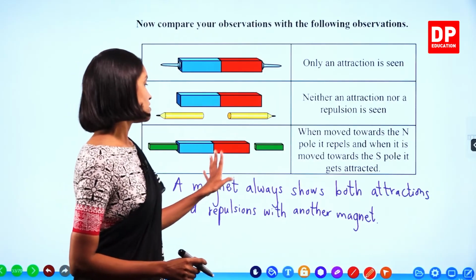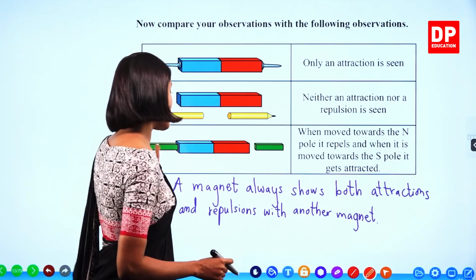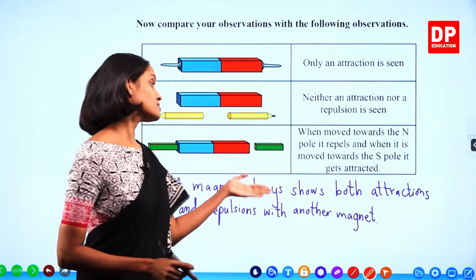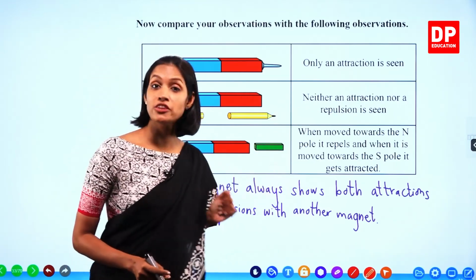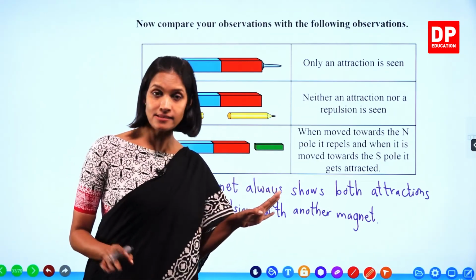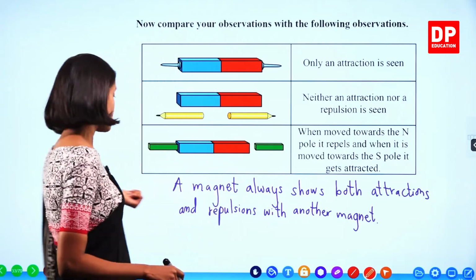A magnet always shows both attractions and repulsions with another magnet. This is how magnets are different from the other objects. Understand, children? We'll move on to the next.